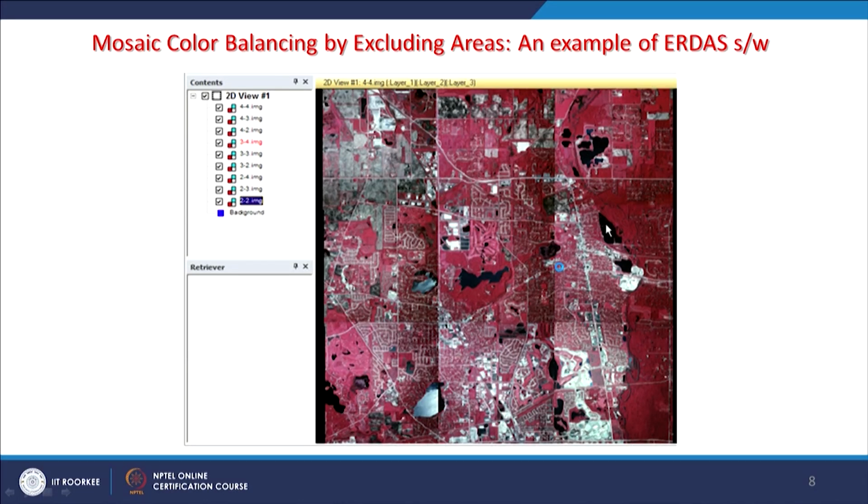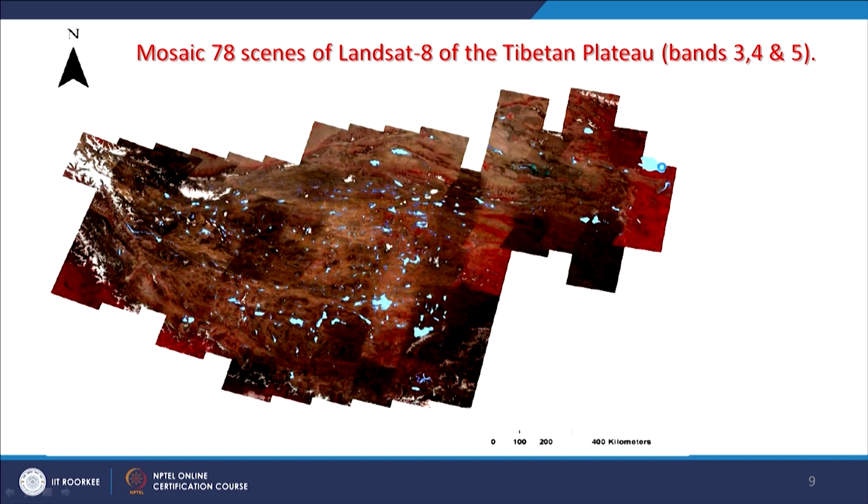One more example here is, rather than matching histograms, color balancing by excluding areas. That means the common areas have been excluded, and of course a mosaic has been created, again using the same commercial software, but sometimes on the edges you see some darkness.